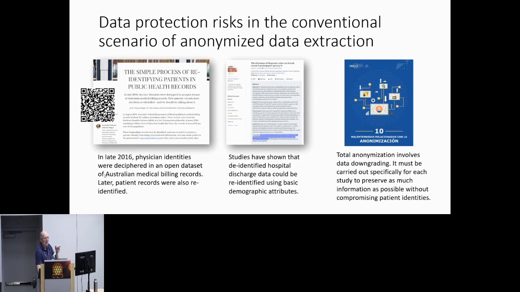There are more sophisticated ways of identifying, and there have been many cases in which that has happened. It's not possible to anonymize a data set and put it up for public access, because perfect anonymization means a degradation of the information that probably makes the data set useless.